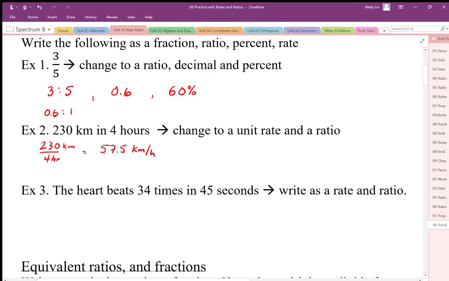And we can write this as a unit ratio of 57.5 kilometers to 1 hour. We can write this as the whole number proportion as 230 kilometers to 4 hours. And these are equivalent rates to each other, or equivalent ratios.